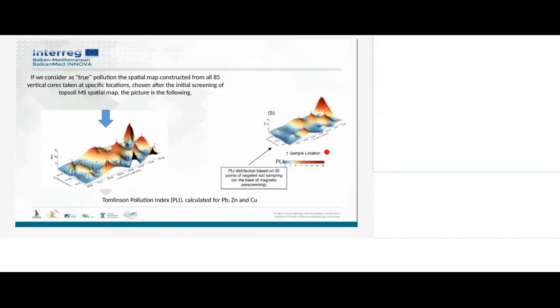This is the true map of the heavy metals contamination. It is represented by the so-called pollution load index, PLI, which is calculated by a formula suggested by Tomlinson, and includes the contribution from all the chemical elements included in the analysis of the chemical composition of the soil samples.